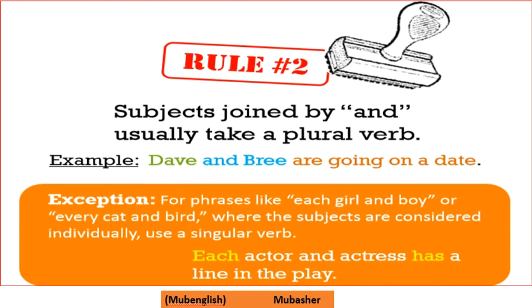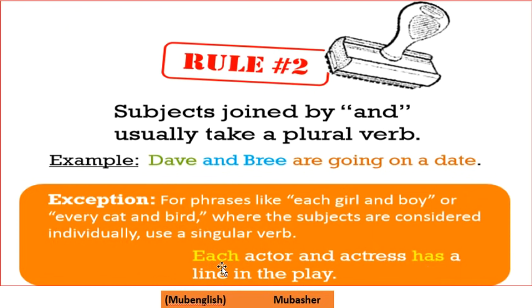Even if we say each actor and actress plays her role or plays the role, plays is according to each, that is a singular verb. Each actress and actor plays a role in the play.